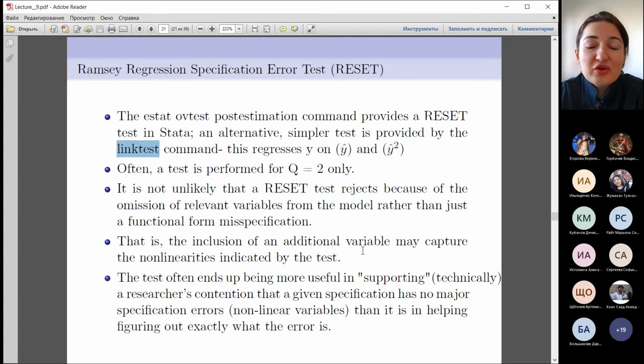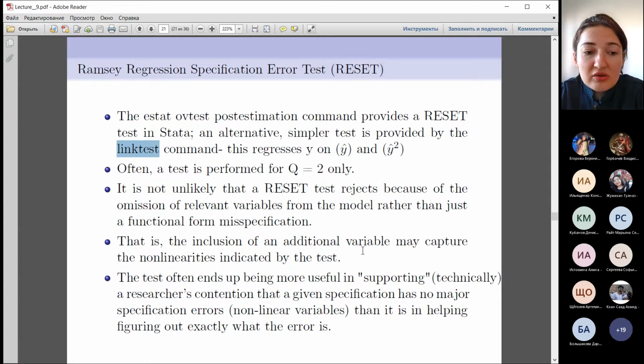You can't write such a conclusion after this test. I want to repeat again that this test could find only nonlinearities, and to be exact, only whether you should include some squared terms or some polynomials in your model. That's all.